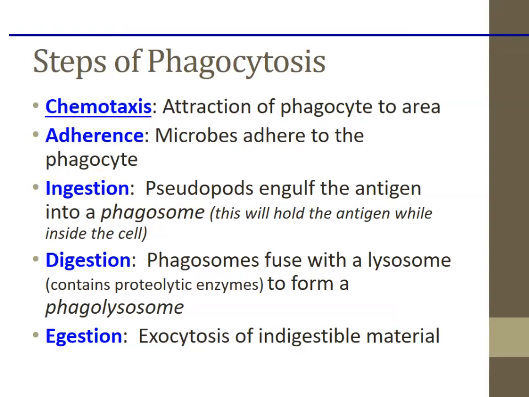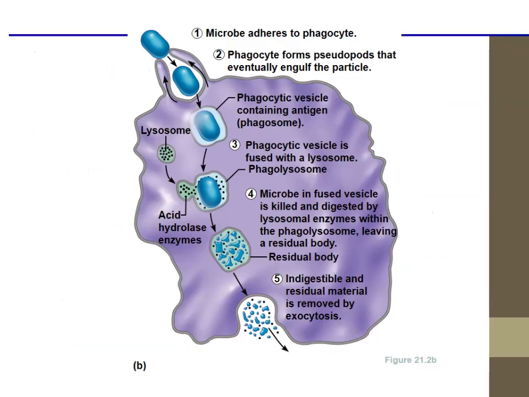And truthfully, that's kind of high school. I mean, it would be a lot to memorize all that. But if you just think about the story of it, if you just close your eyes, you can imagine a phagocyte being attracted to a pathogen from the chemical trail, ingesting it, digesting it, and then egesting any of the waste.